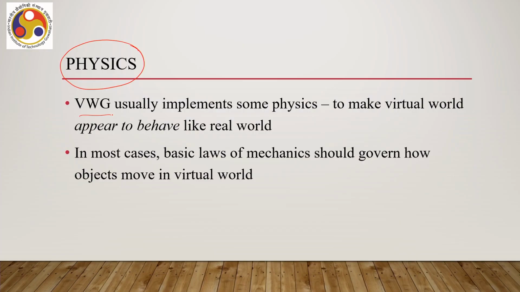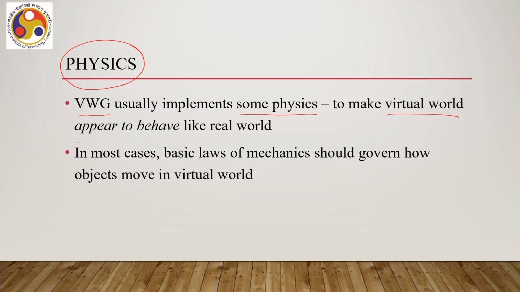Now, the virtual world generator usually implements some physics. It depends on the kind of generator we are using and the extent of support that they can provide. The basic idea is to make the virtual world appear to behave like the real world. What we get to see around us, similar things should happen in the virtual world. So, this support is required.